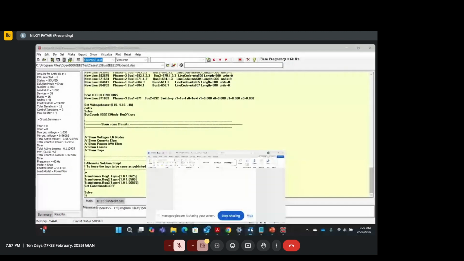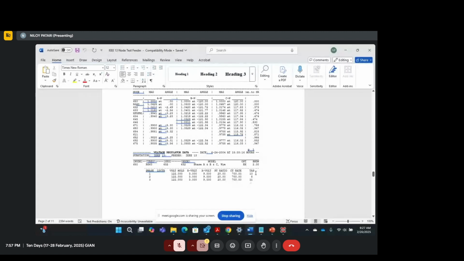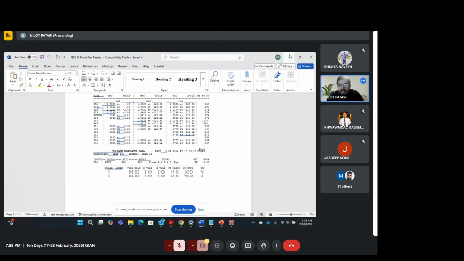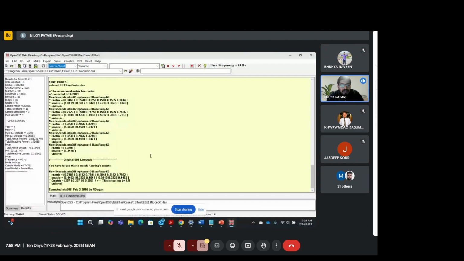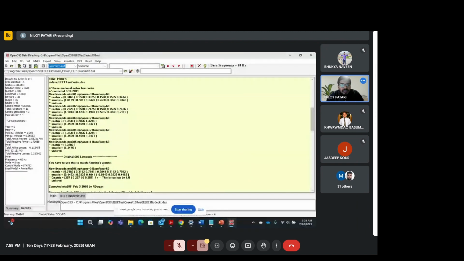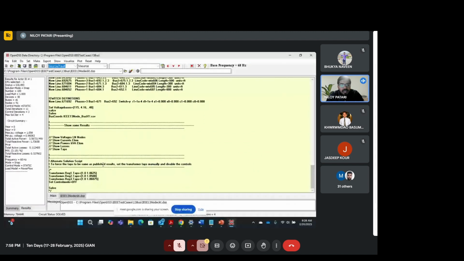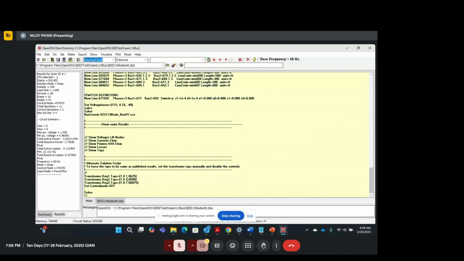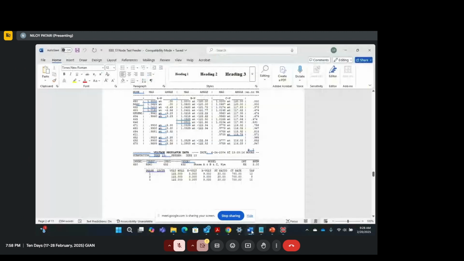Now if you see this voltage regulator in the manual, it's 10, 8 and 11. If you multiply 10 with 0.00625, the tap goes from 1 to 1.0625. The next one was 8, right?